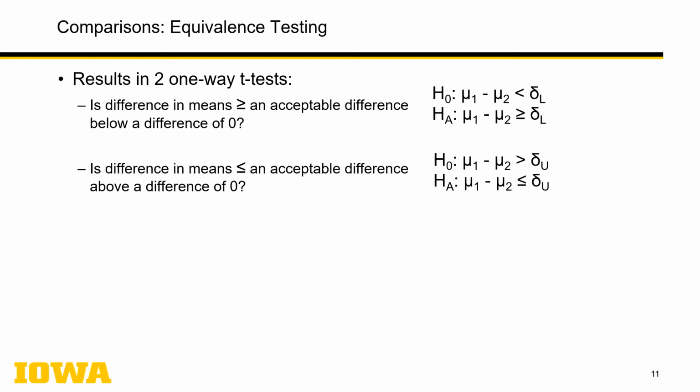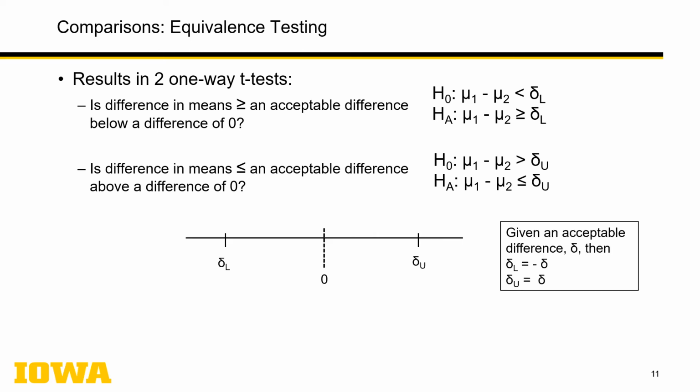And it works like this. Ultimately, we need to say that our differences, mu1 minus mu2, are greater than some lower bound, delta lower. We're going to reject if they're greater than some lower bound, and at the same time, we're going to do another one-way test and reject if they're less than an upper bound, to squeeze them in within this zone around 0 that we're going to say is good enough to call them equivalent.